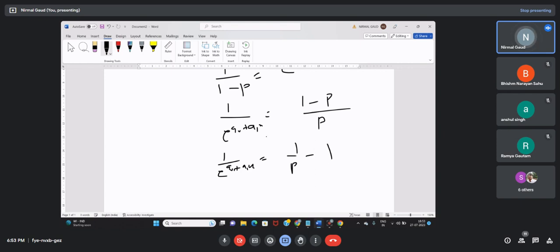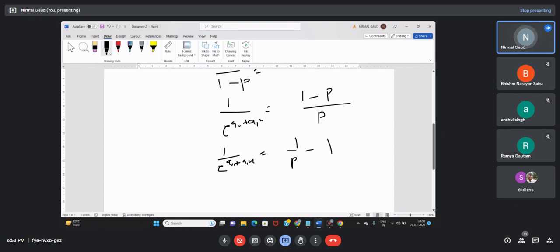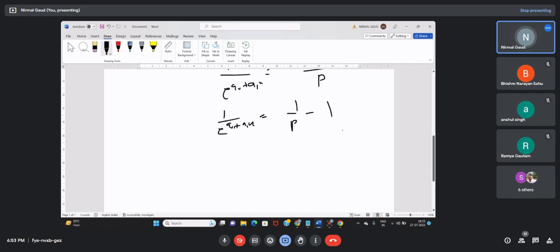Let's bring this 1 here. So if I bring this 1 here, it will be 1 upon e to the power, let us assume theta x, plus 1 equal to 1 upon p.